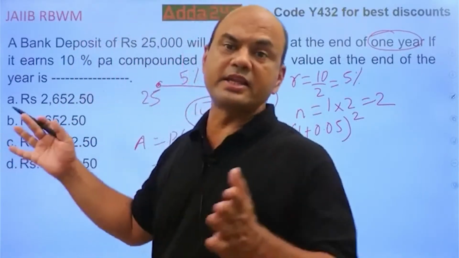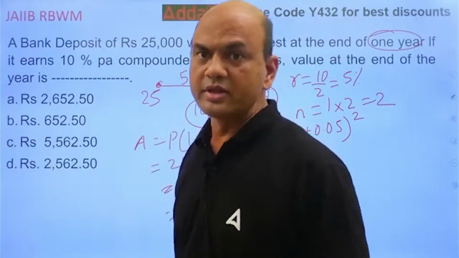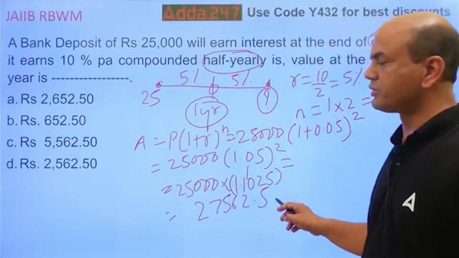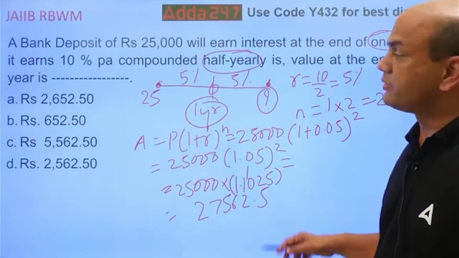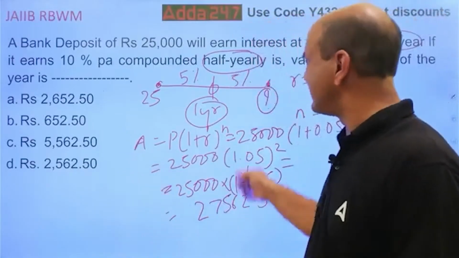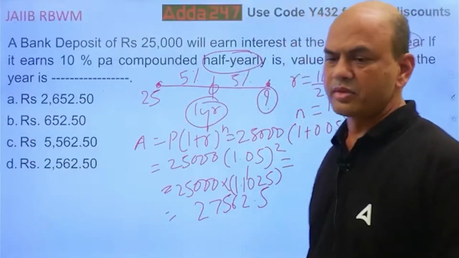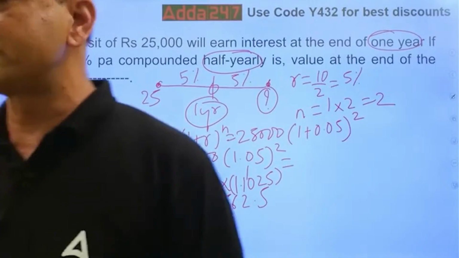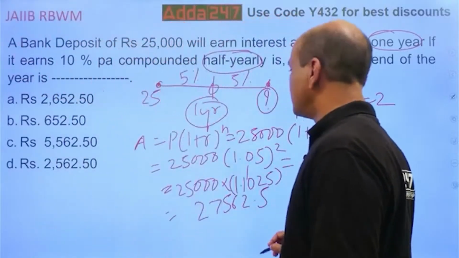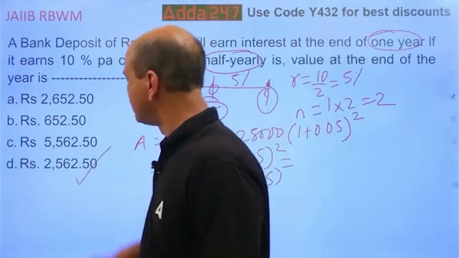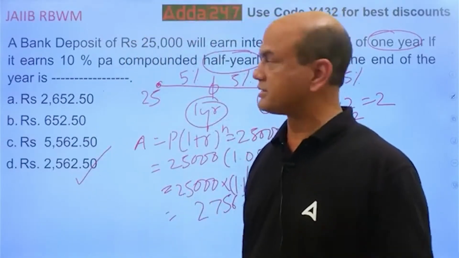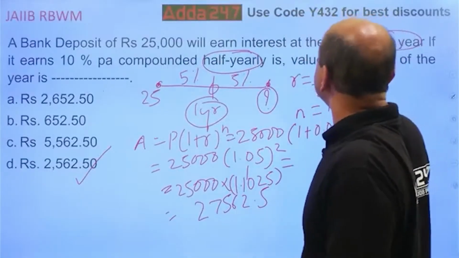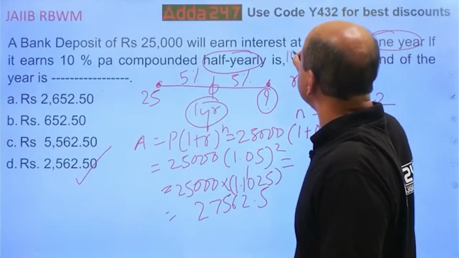What is the increase over here? In the exam, this answer will be given to you as the value. If they want the increase, it is this minus 25,000. Subtract it. 27,562.5 minus 25,000 gives 2,562.50.